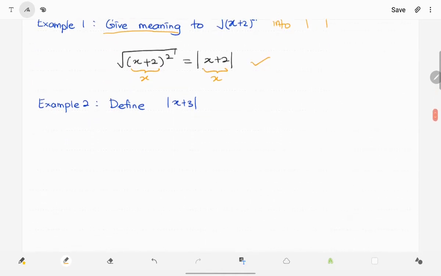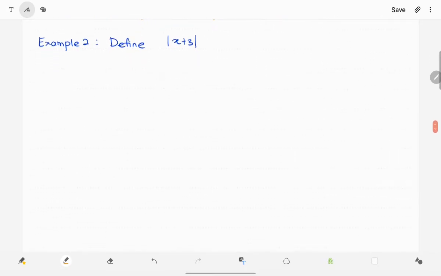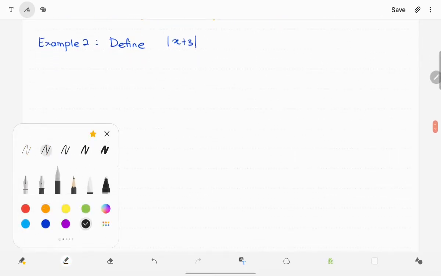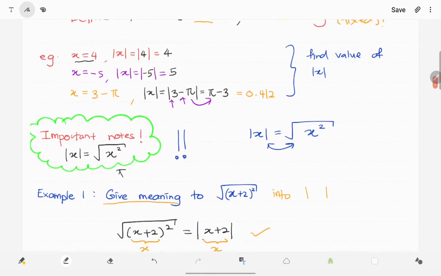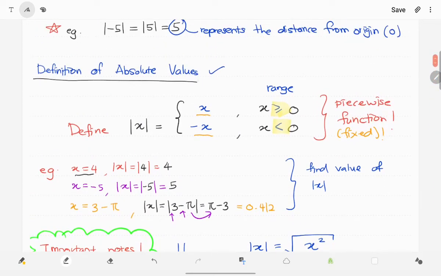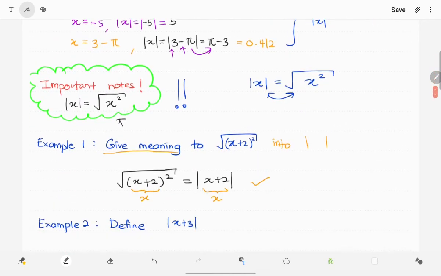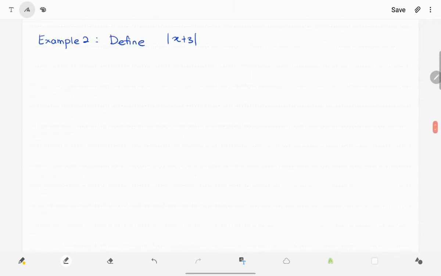Okay, so for example 2, they say define. When they say define, you need to use the definition of absolute value, this piecewise function. So how to define modulus x plus 3? Write back the absolute value, equals curly bracket, this is x, right? So x plus 3, for x plus 3 greater than or equal to 0.